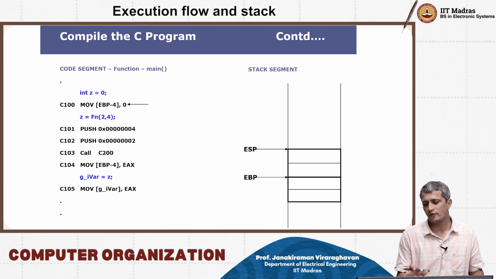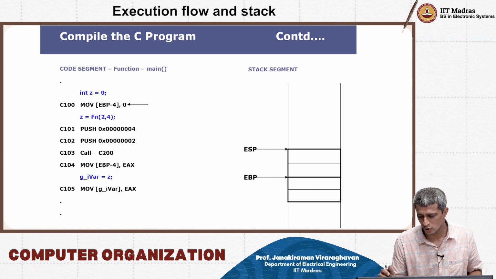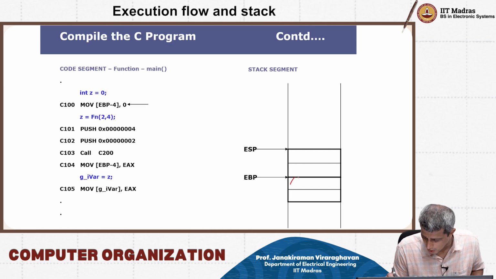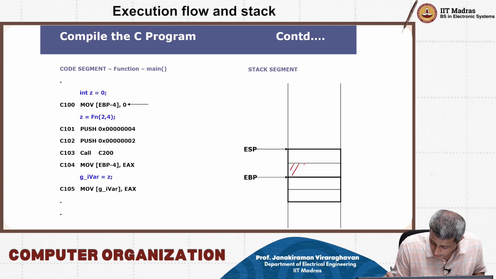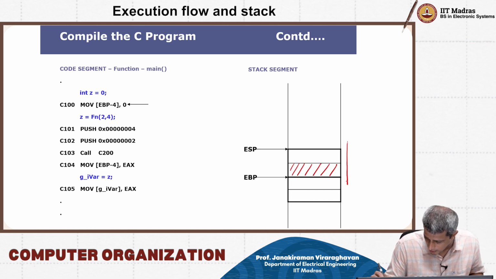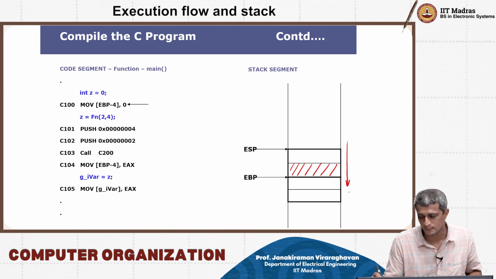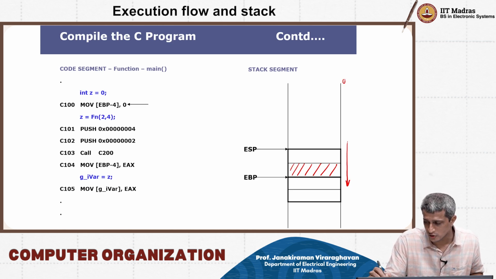Okay, so look at where EBP is pointing. So EBP minus 4, right? So what is this? This is going to be EBP minus 4. My increasing stack address is this. This is 0000 FFFF, somewhere down here.